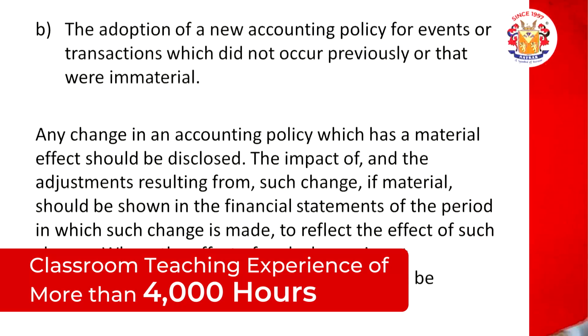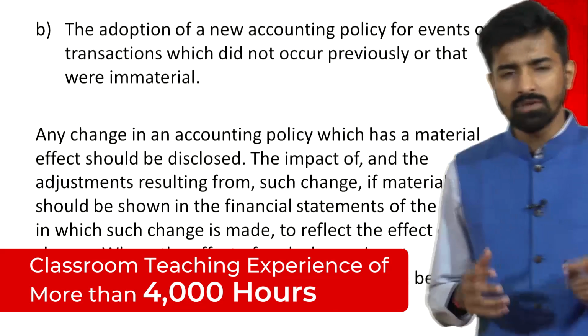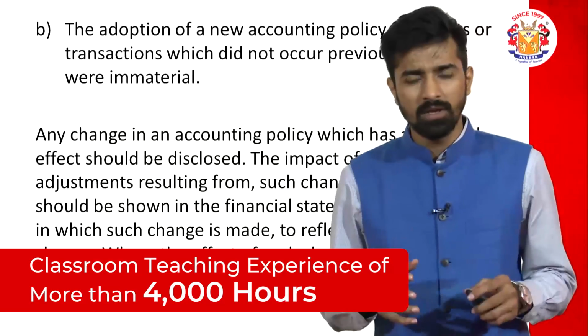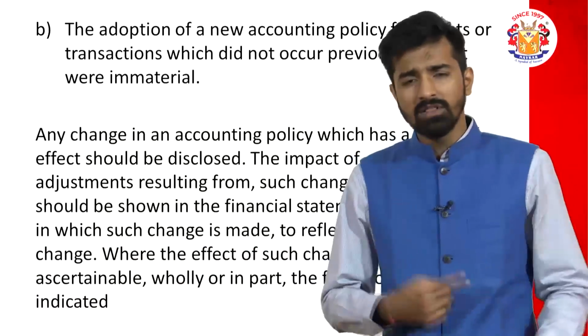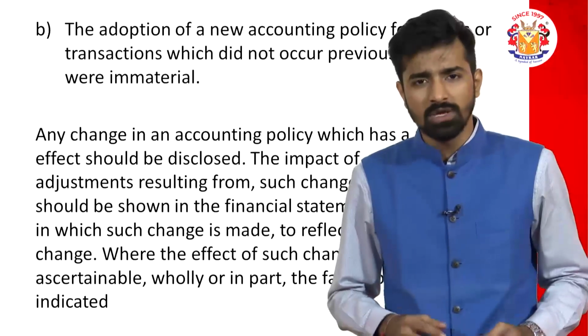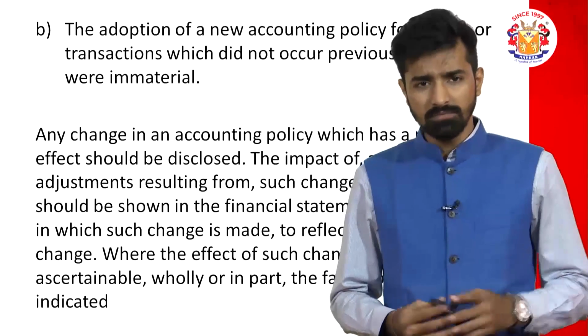So what impact did the change in accounting policy have on the current period, and what impact will it have in the future period? Everything needs to be disclosed if there is a change in accounting policy.